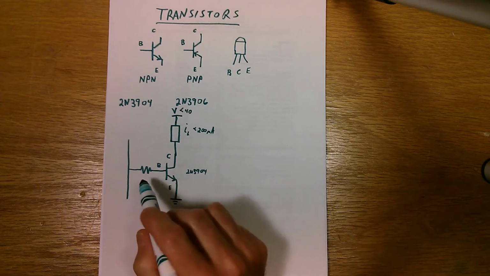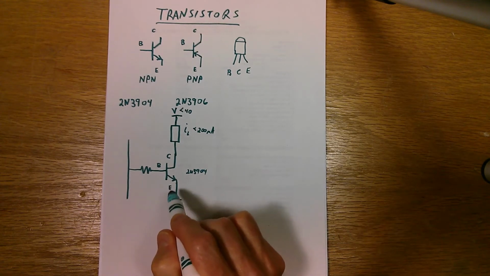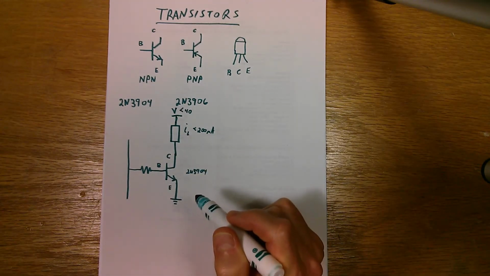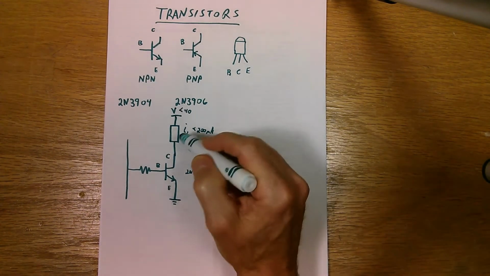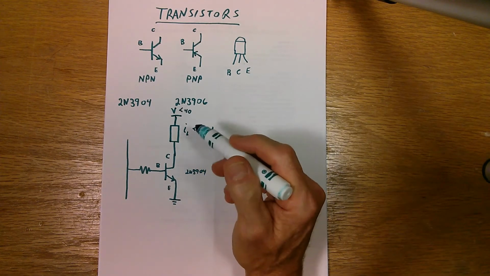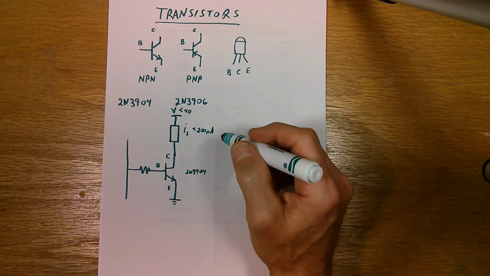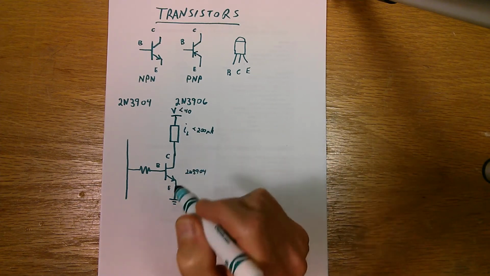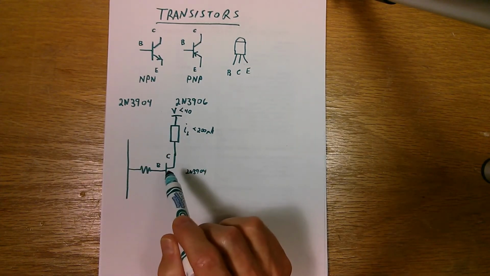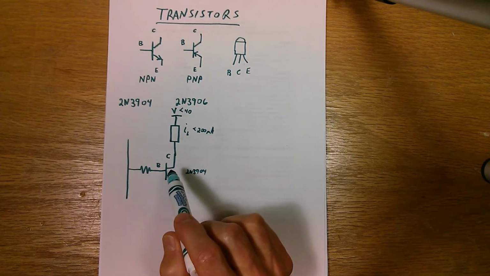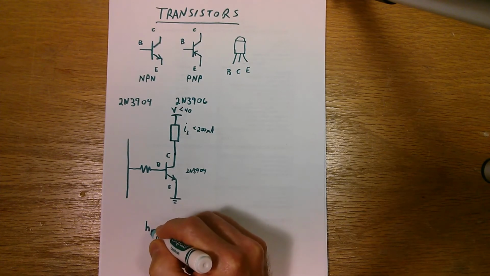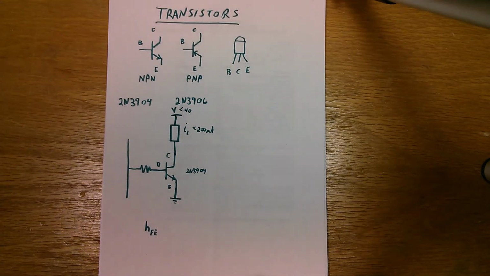So, how much current do we have to inject into the base in order to get this transistor to turn on hard, to saturate? So you look at your load current, and whatever value it may be. Let's not do numbers just yet. If you get a spec sheet for the transistor, somewhere in the sheet will be a parameter that is written as hFE.